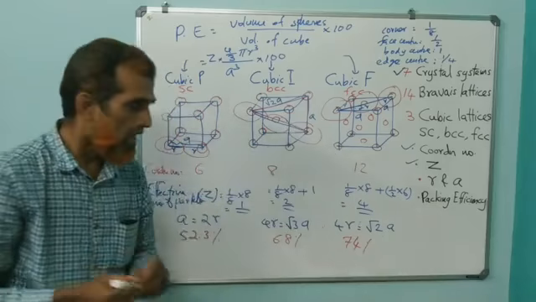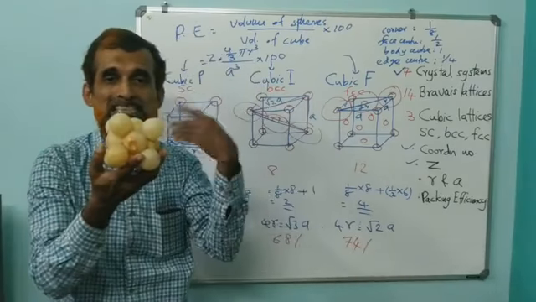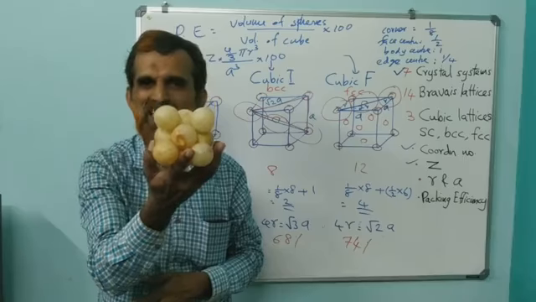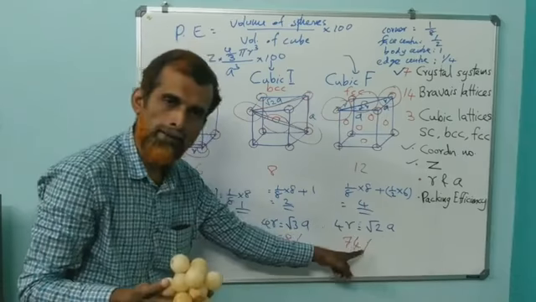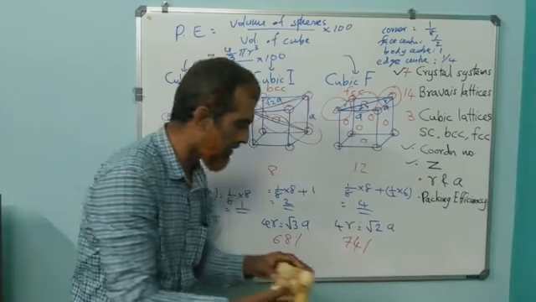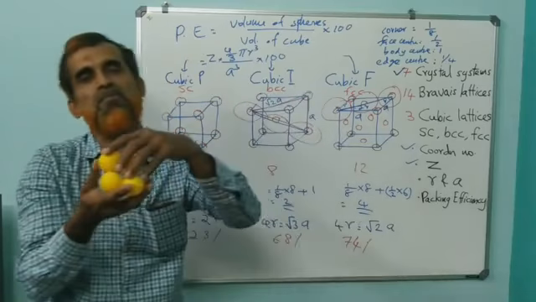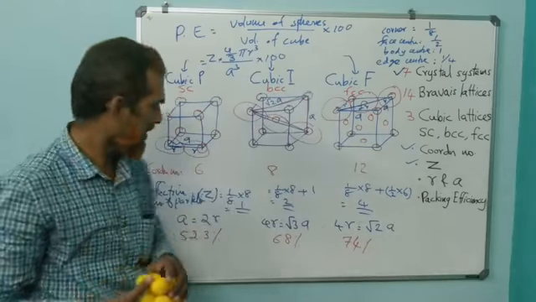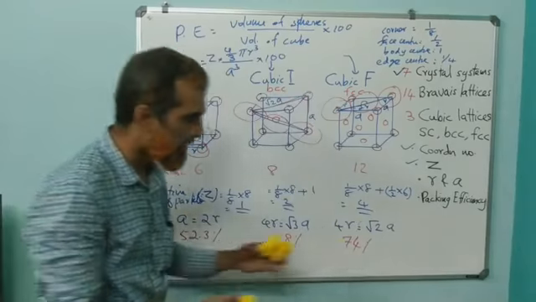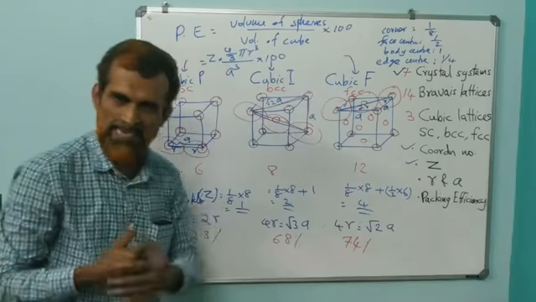So what does it indicate? The most efficient packing is FCC. Maximum space is utilized in FCC. In BCC, at 68%, more empty space will be there. In primitive cubic, of course, it is least efficient, only 52.3%. So get these values by working out this equation for all three cases.